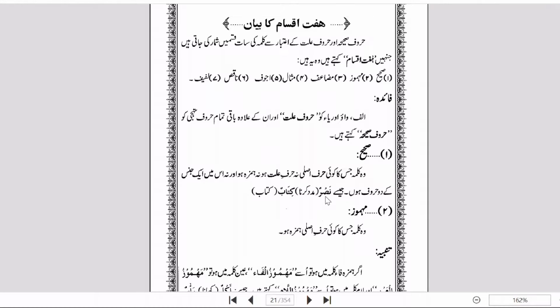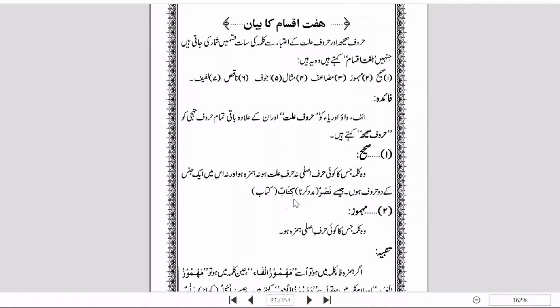If you look at this word, these are all original letters, and it doesn't contain a harf illat, meaning there's no alif, waw, or ya here. There is also no hamza here, and there are no 2 letters which are the same. They're completely different letters: noon, sad, ra. So this word is known as Sahih.